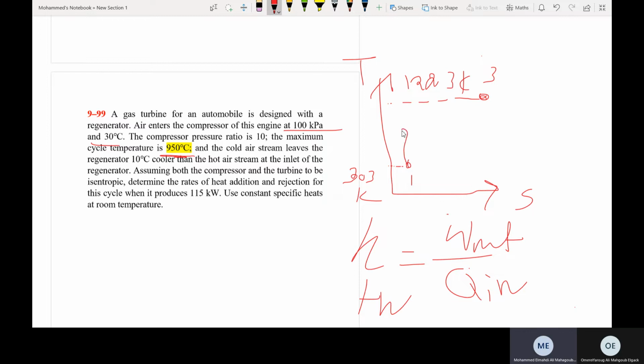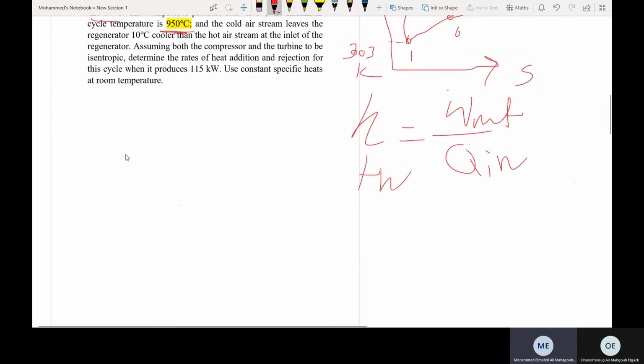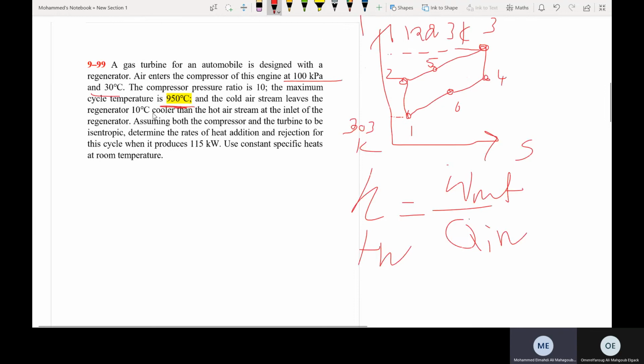And this is point 2. This is point 5, in between, or maybe not exactly in between. This is point 4, this is point 6, and this is point 1. Just make yourself used to the diagrams, because the device sketch is not going to be given to you. You have to extract the information by yourself.